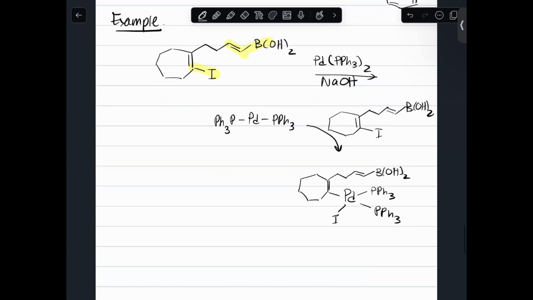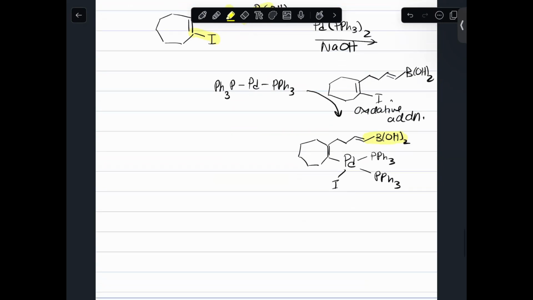So this is my oxidative addition step. I first have to activate my vinyl borane. So I've got my sodium hydroxide. Luckily for us, it's all happening in the same molecule.